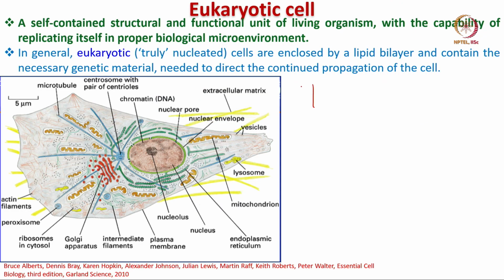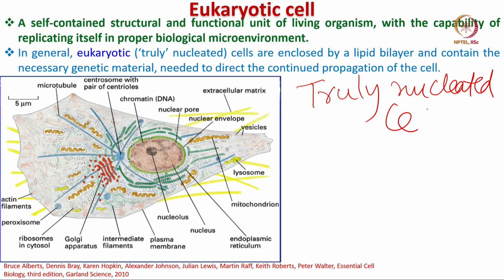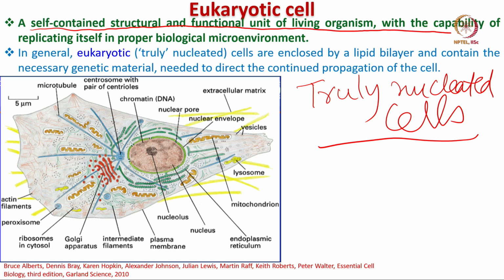Eukaryotic essentially means it is a truly nucleated cell. The textbook type of definition is that it is a self-contained structural and functional unit of a living organism with the capability of replicating itself in a proper biological microenvironment.